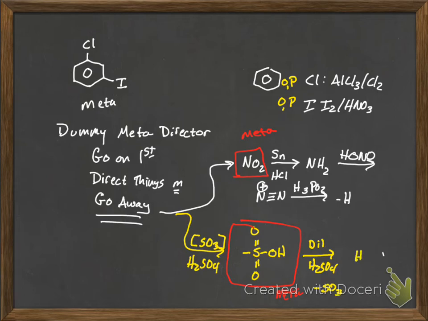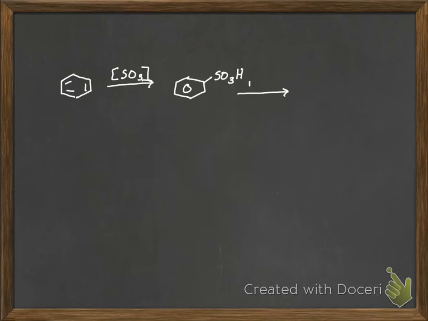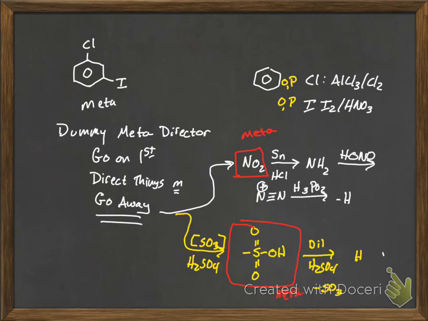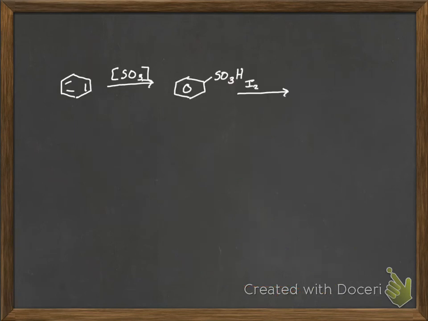So one way that you could work to build this would be, you start with benzene, concentrated sulfur trioxide, you generate the sulfonic acid. Now, what was on there? Iodine and chlorine. Thank you. I2 and HNO3.